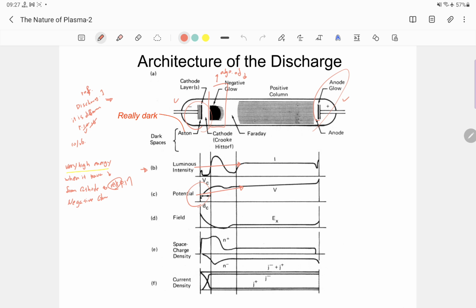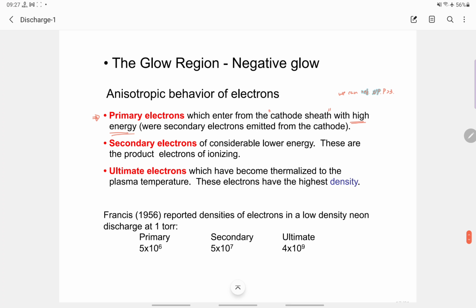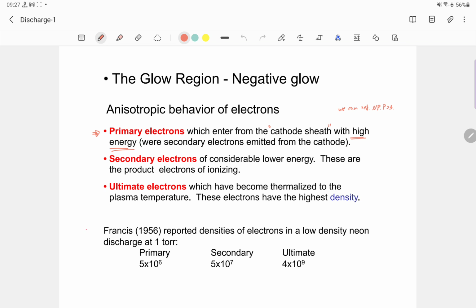So actually, there are three types of electrons: a high energy primary electron, a low energy secondary electron, and a thermal electron. And in Chapman's textbook, he gave the numbers of these electrons for a 1 torr DC glow discharge.